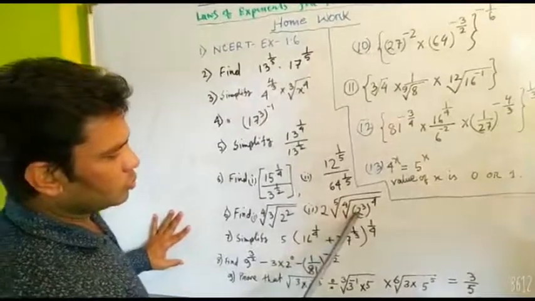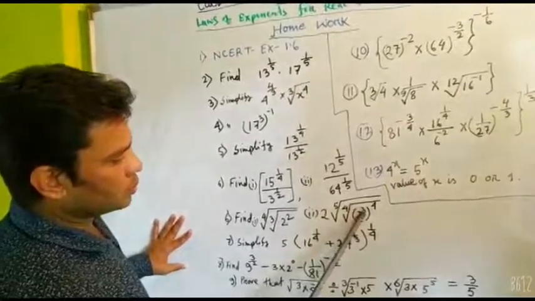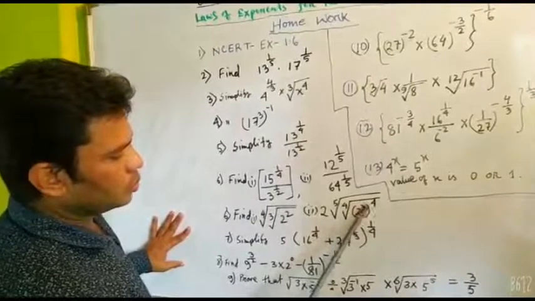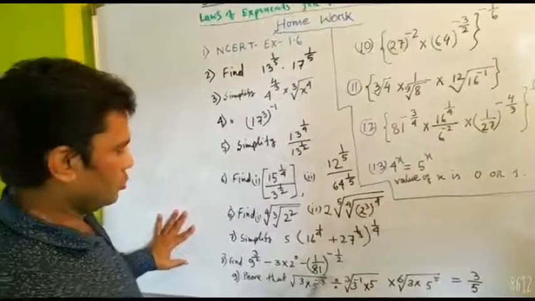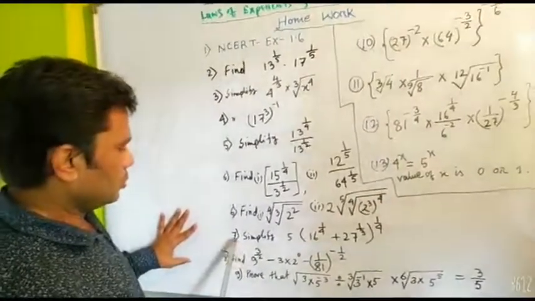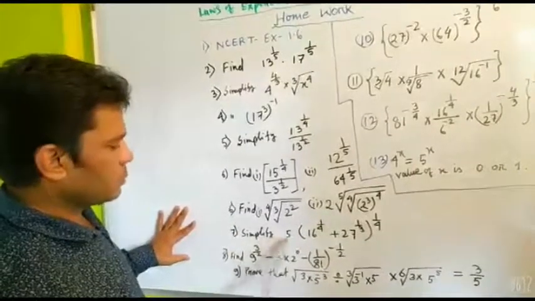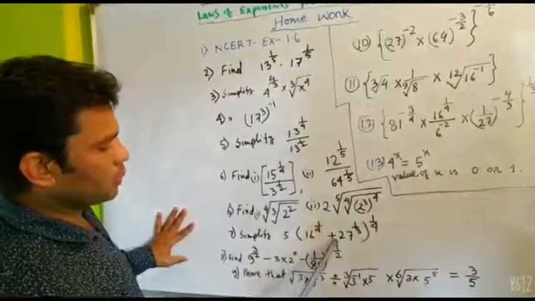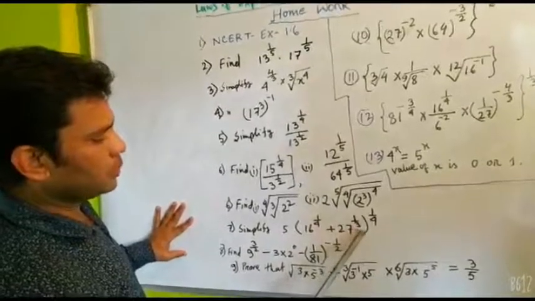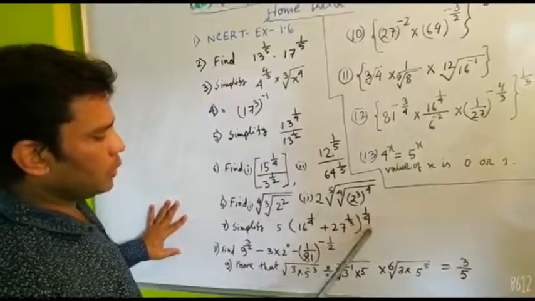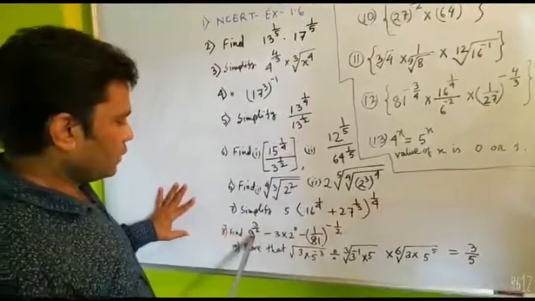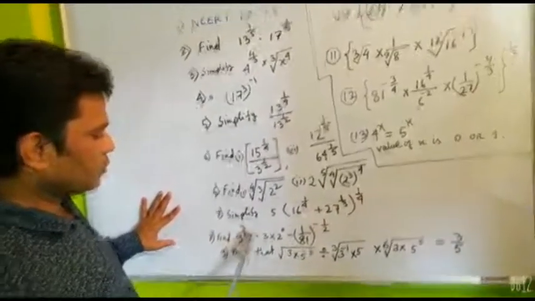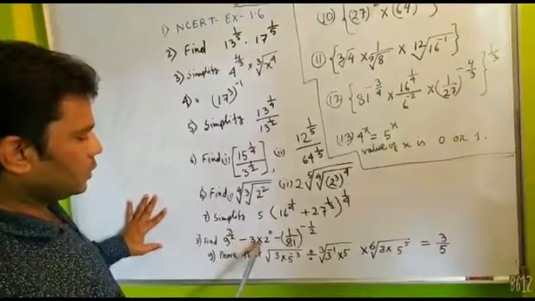Then question number 7, simplify 5 into (16 to the power 1 by 4 plus 27 to the power 1 by 3) whole to the power 1 by 4. Find (9 to the power 3 by 2 minus 3 into 2 to the power 0 minus 1 by 81) whole to the power 1 by 2.